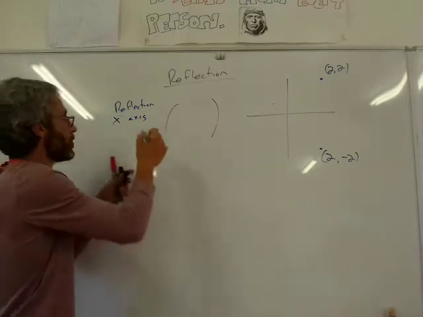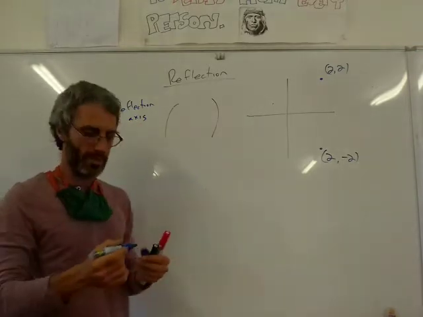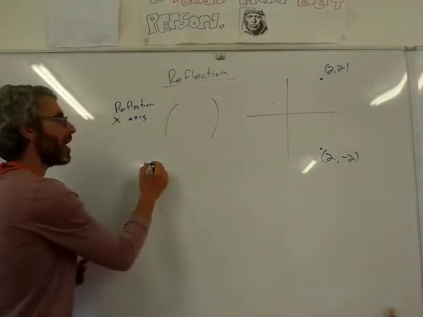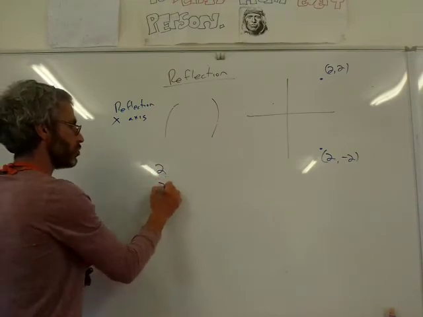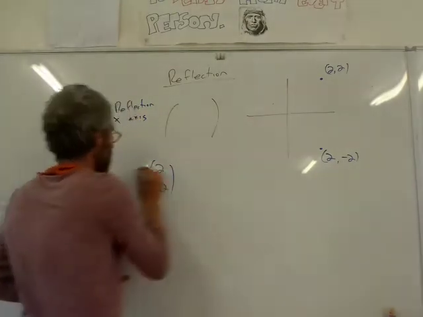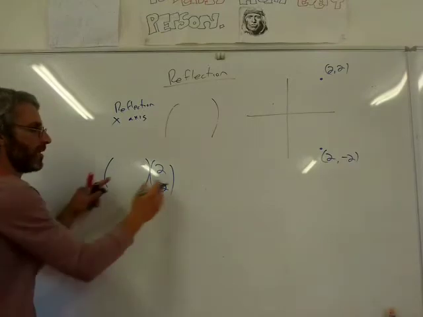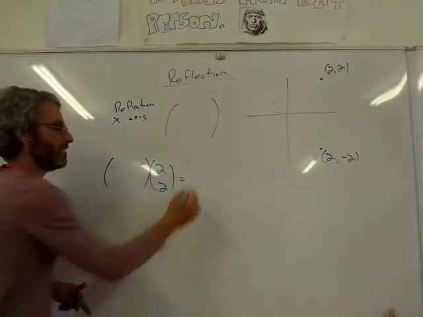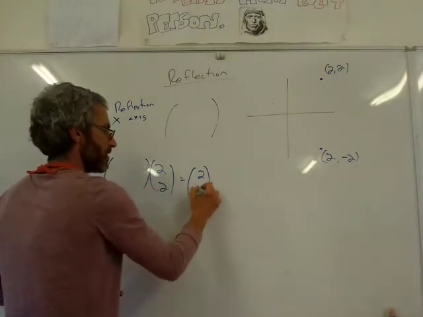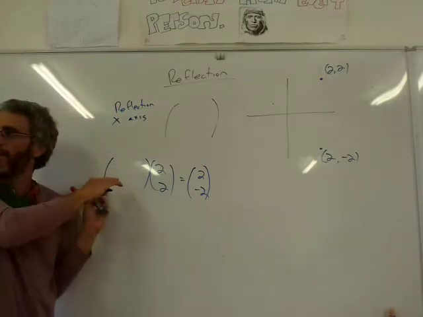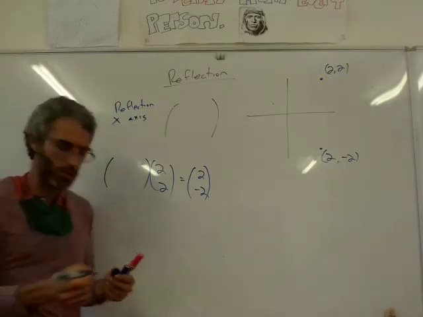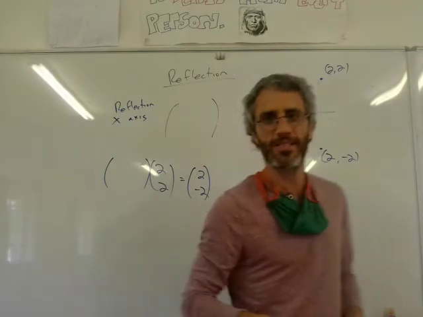Again the question is, what is my multiplication matrix? If I've got the coordinate 2, 2, I want to multiply it by something so I will get 2, minus 2. And I want to know what this thing is. What's the secret?